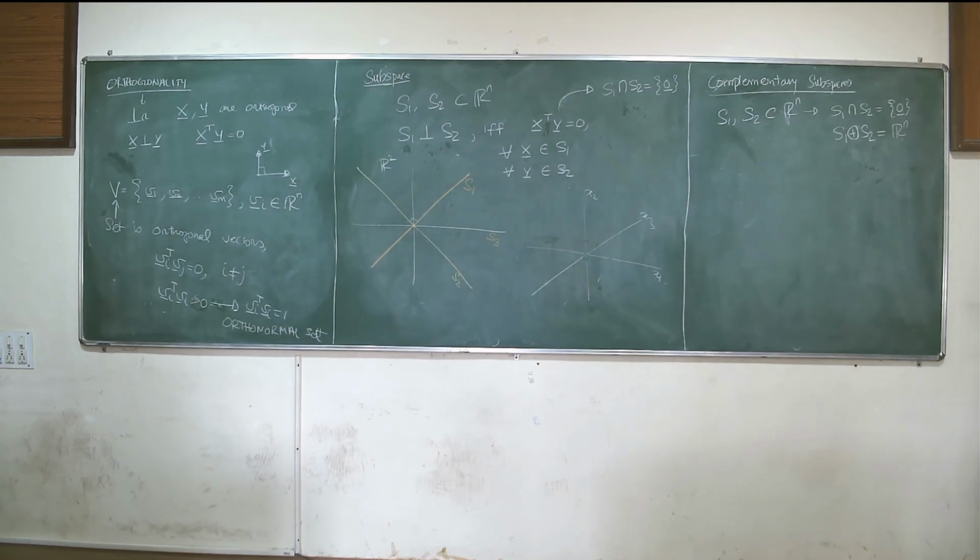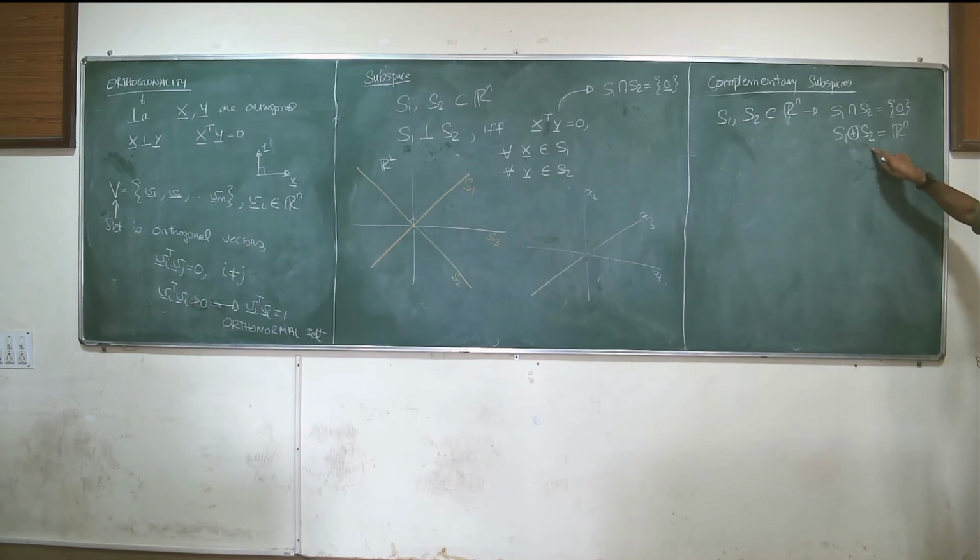No, no. The resulting set is a subspace, but what is the definition of how you generate this sum of these two subspaces? What did we say this addition means?